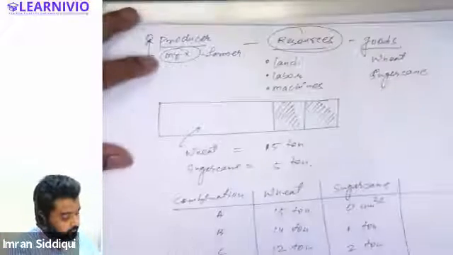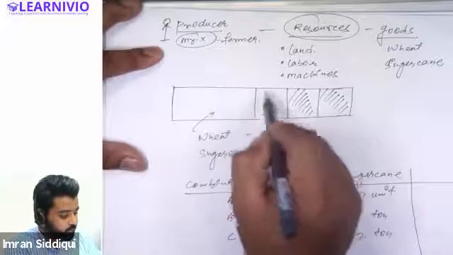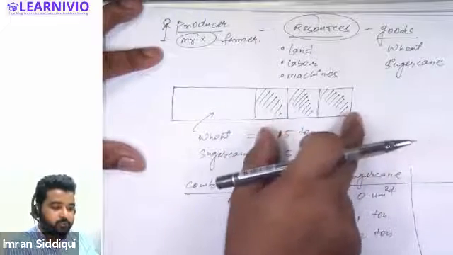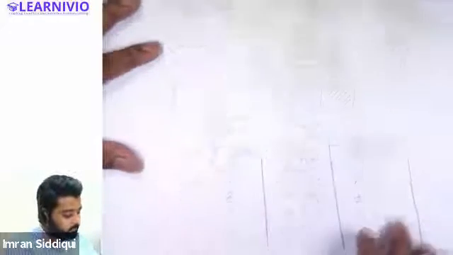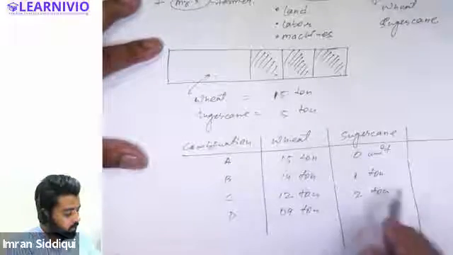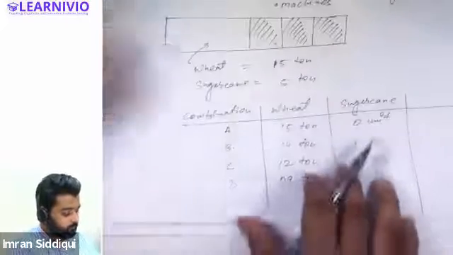So suppose he wants to increase the production of sugarcane by 1 more unit, then more land will be reserved for the production of sugarcane. Less will be available for the production of wheat. Hence, production of wheat will decline again to 9 tons, and sugarcane will increase to 3 tons.